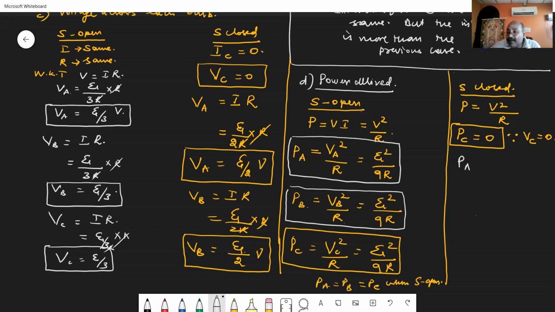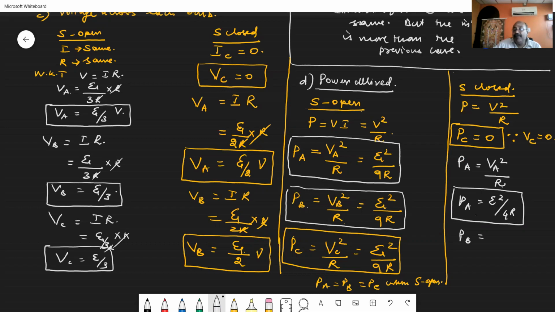The power delivered by A is VA square divided by R. What is VA? When the switch is closed, VA is E by 2. Squaring it, I get E square divided by 4, over R. So the power delivered by A is E square divided by 4R.